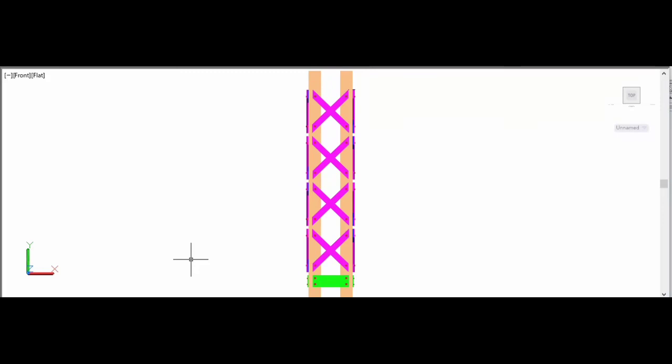Members like the I section, the channel section, the angles, channels face to face or back to back. All this can be joined together by a batten system. So let us have a look at those batten systems.